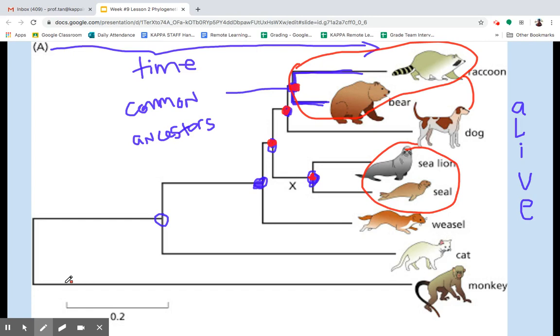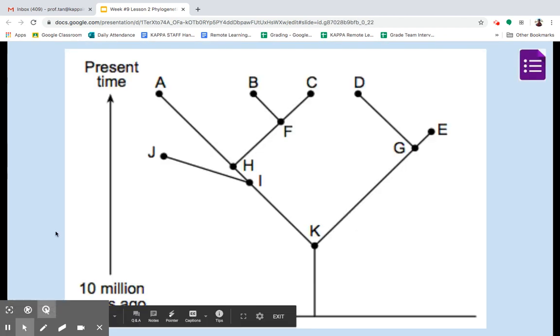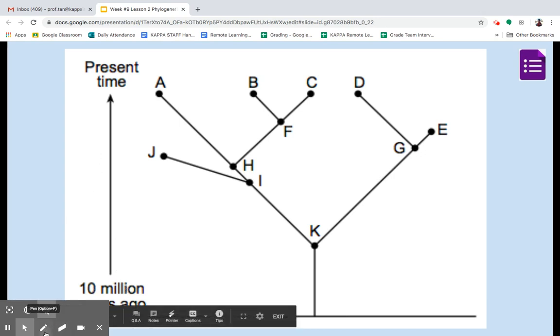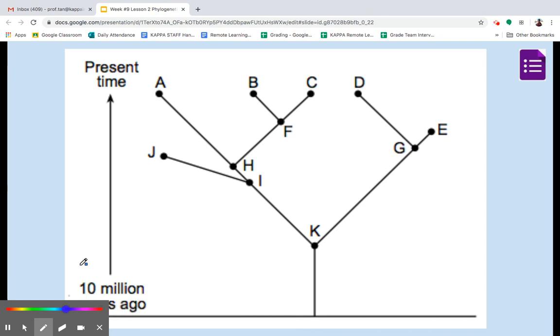Okay, we're going to look at another way that these evolutionary trees can be shown or depicted. So here's another way the trees can be shown, and it's showing the same information, it's just displayed a little bit differently. So here's our timeline. Present time is up here, and 10 million years ago in the past is down here.